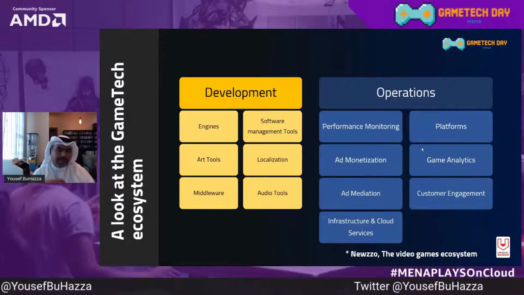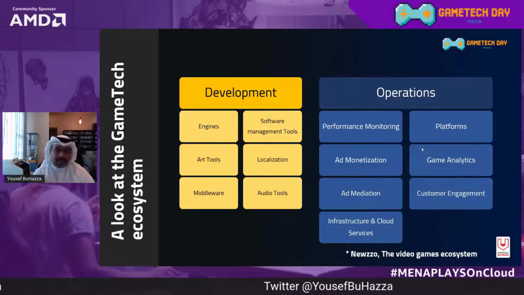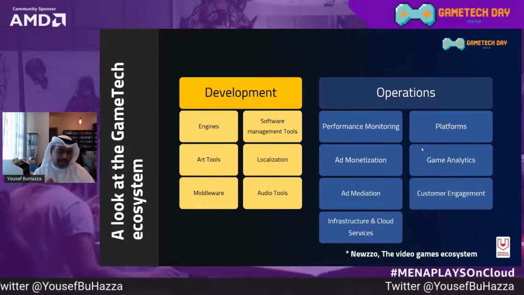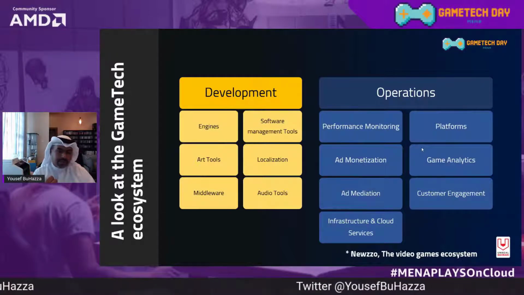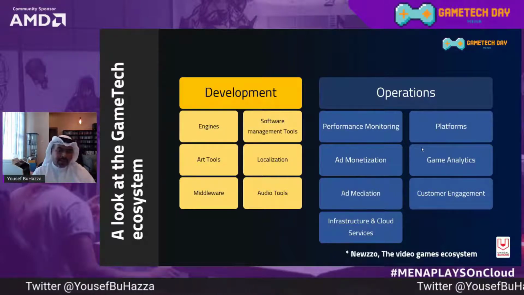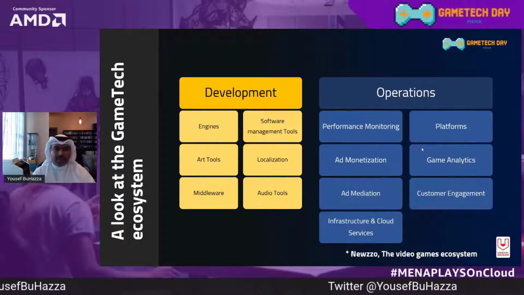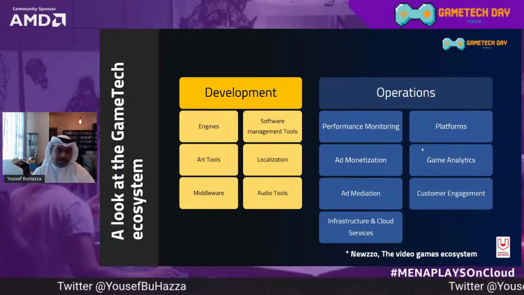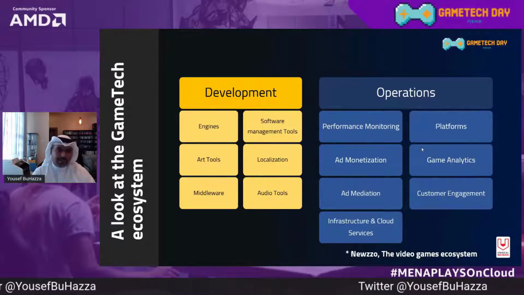When you're looking at developing a game, if that game has been developed using Unreal Engine, it has been developed using the English language. Down the line, you're going to have to think about expanding it. You might want to add the French language. You might want to add Arabic. So there are tools that help with this process.